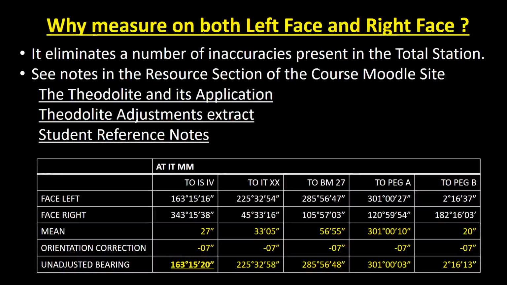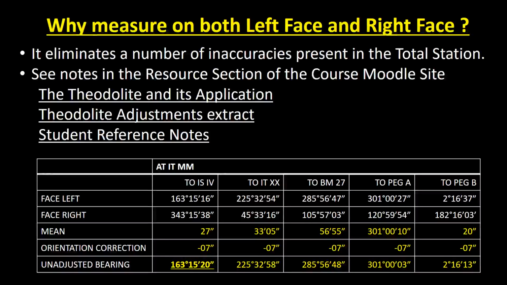But typically we orientate it north. So let's say, for instance, we know that the bearing from ITMM to Iron Spike 4 is 163.15.20. So ideally it would be most helpful if we orientated our instrument so that it was reading 163.15.20.